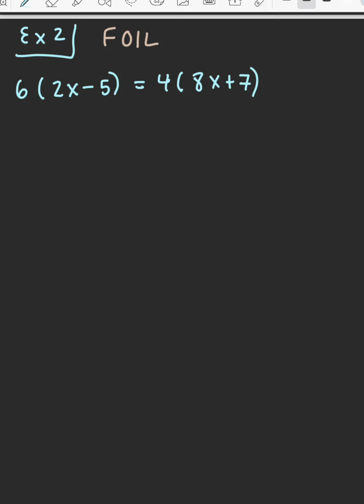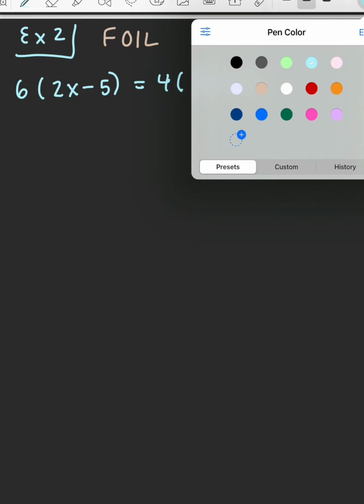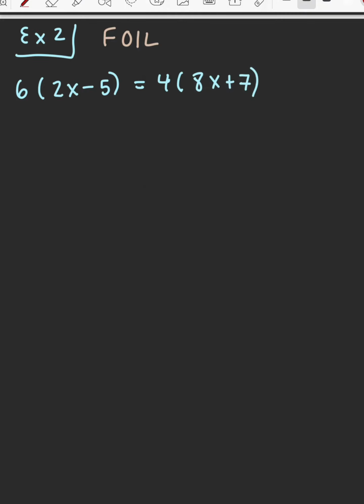So the very first step you do whenever you work on linear equations with parentheses is we want to make sure that we're multiplying that number in front of the parentheses to each of the numbers within.